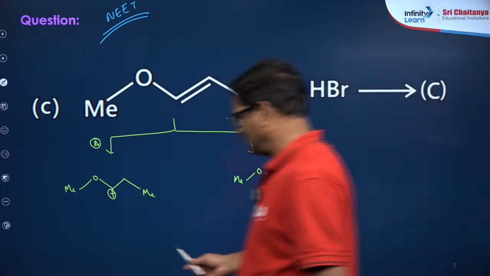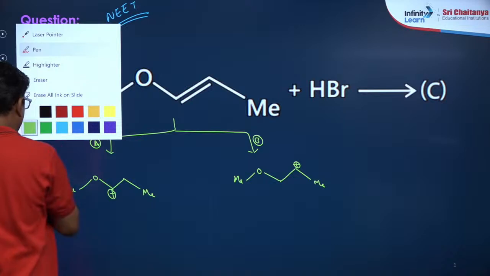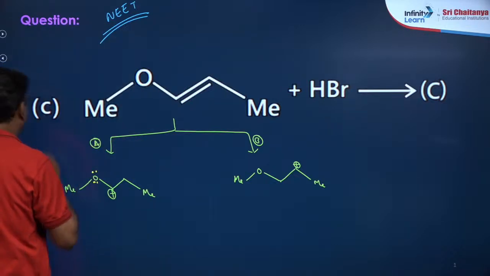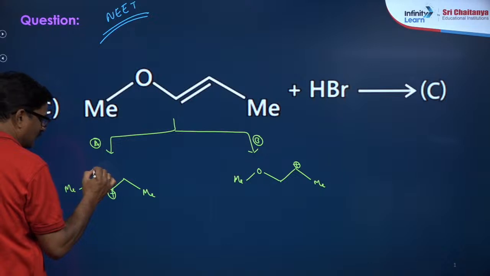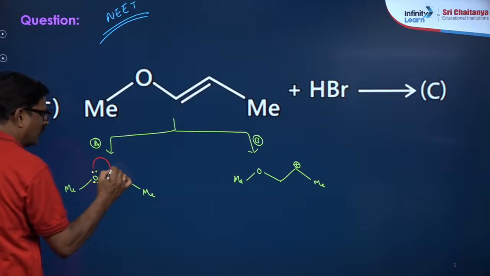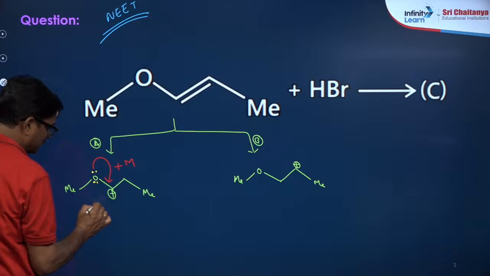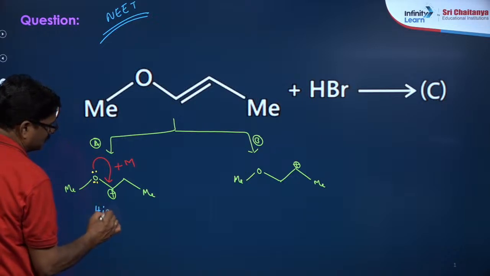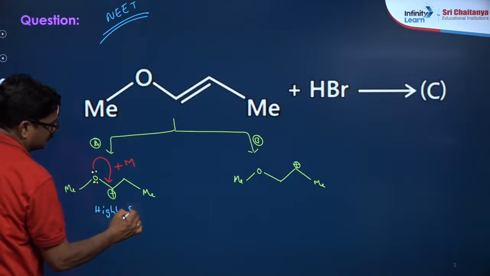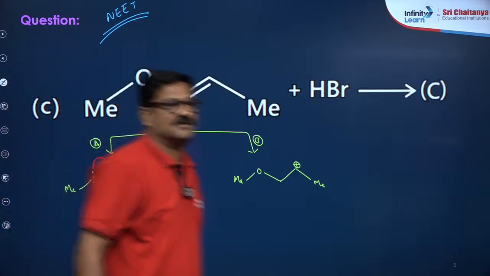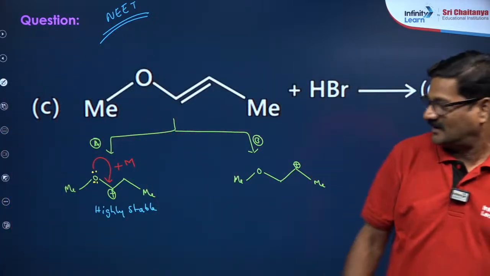Alright, I'll give you. Look at this, lone pair of electrons, positive mesomeric effect, it is highly stable. It is highly stable, right Ishita, you said correct.